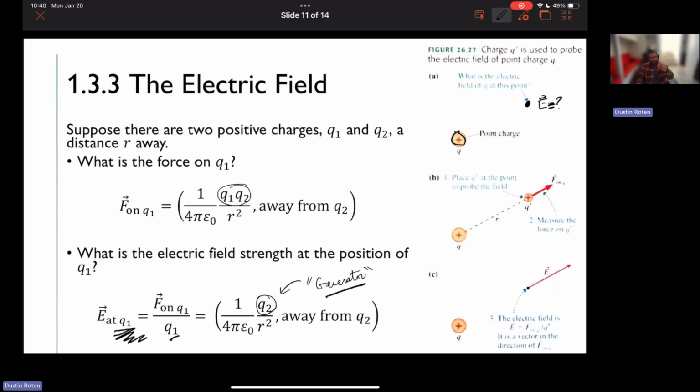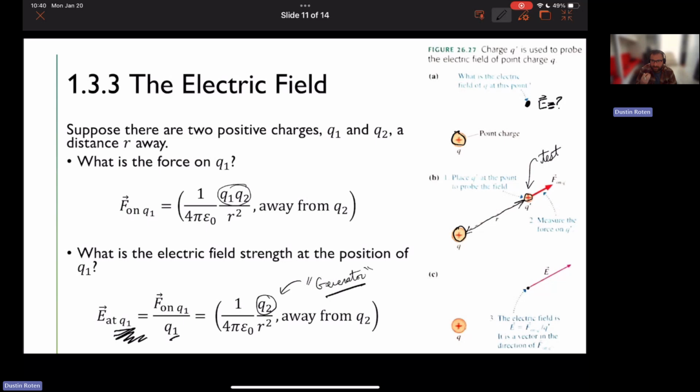We have to sample the field there. So we put in a test particle. In this case, it looks like it's Q prime. Okay, so now we drop that in. We have one charge here. We have another charge here. They are separated by some distance r.